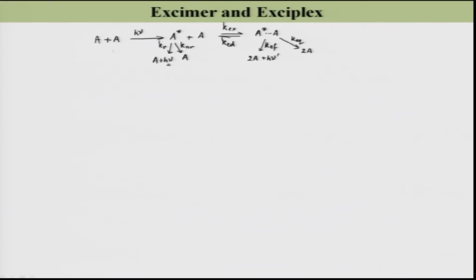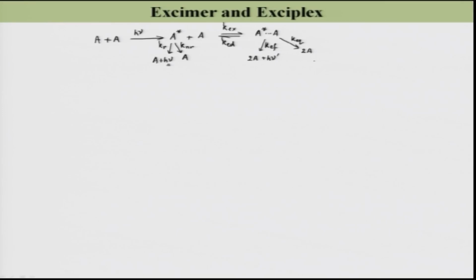Now, you see, such a kinetic model is very complicated, but it is possible to solve with some assumption here and there, and basically if you take the photostationary state assumption, then we will be able to solve such a model.